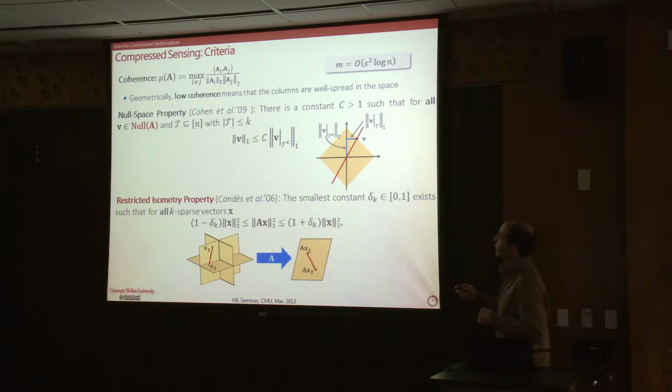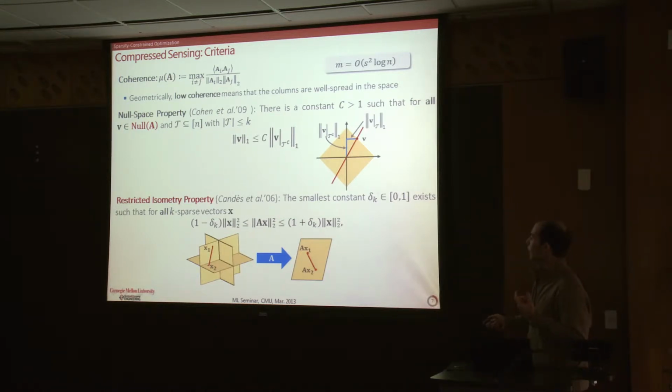But beyond these two, there's the so-called restricted isometry property, which is more used for analysis compared to these two. This basically means that if you apply the measurement matrix A on any sparse vector, the length of that vector is not going to shrink or stretch by much.